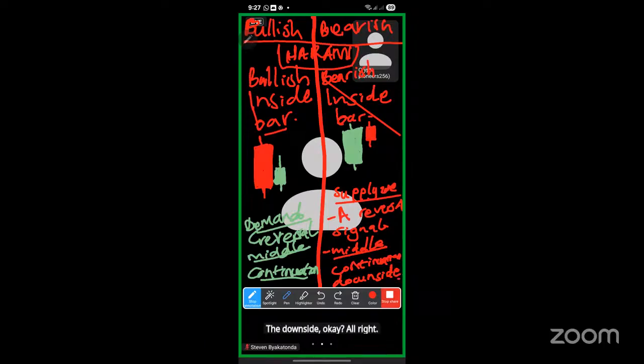Now, that is the bullish inside bar and the bearish inside bar. Whenever you find the bearish inside bar formed within the supply zone or formed within the selling area, just know it is a reversal signal to the downward side. And once formed in the middle of the trend, it signifies continuation to the same direction.